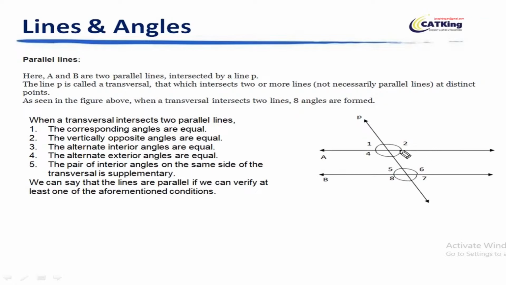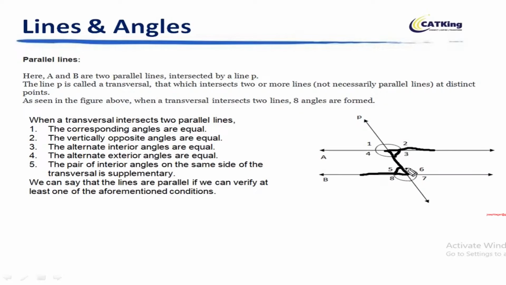So when you see angle 3 and angle 5, the parallel line along with the transversal makes a Z, right? So these two angles are called alternate interior angles.